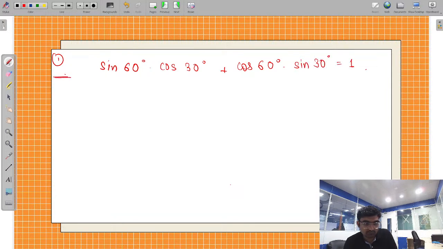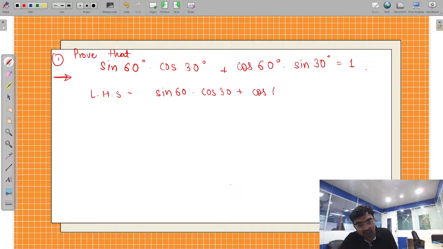Okay, so now this question is prove that, right? So now we have to prove that left hand side is equal to right hand side. Okay, so now we'll first start with the left hand side, that is sine 60 into cos 30 plus cos 60 into sine 30.